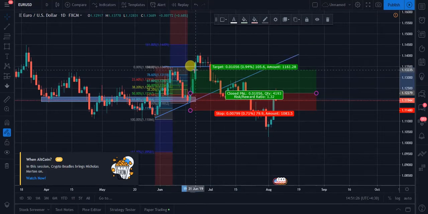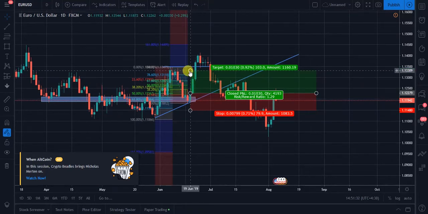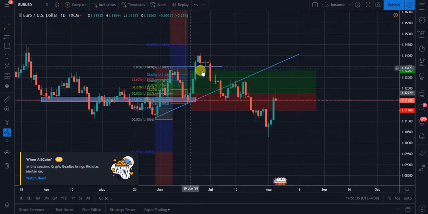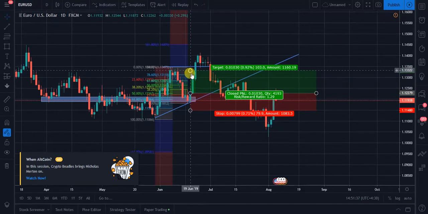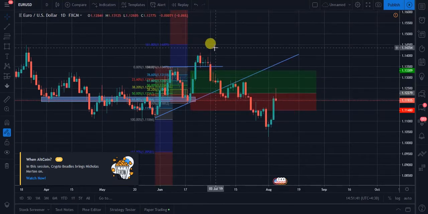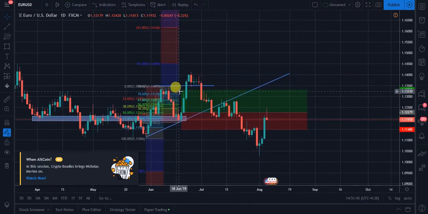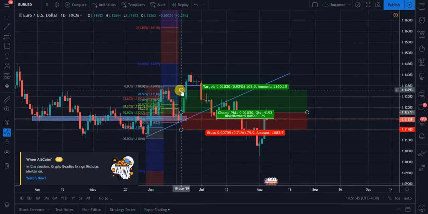But at first take profit we need to be patient, and if our first take profit touches, then we go to risk free, or also we can maybe close half of our position size or something like that.